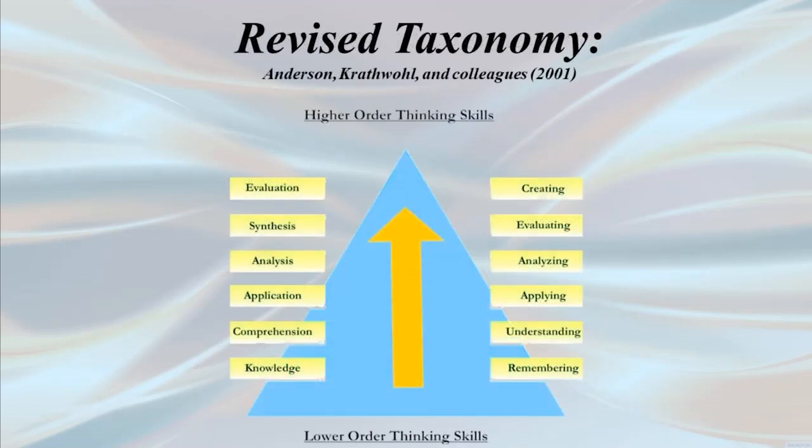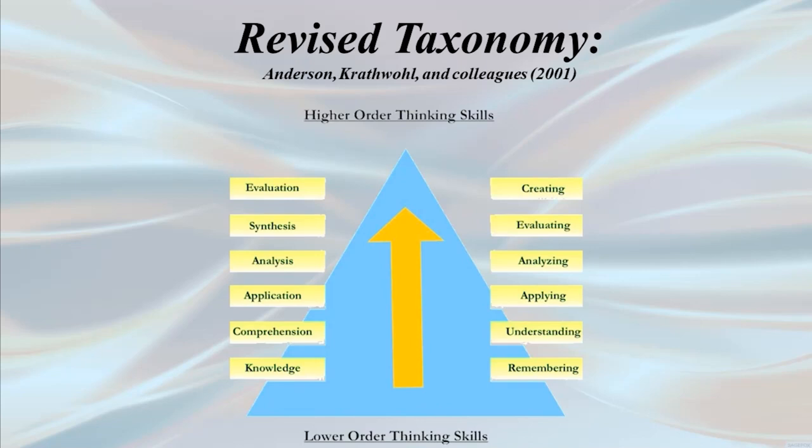Actually, the Bloom taxonomy was revised in 2001 by one of the Bloom's collaborators, David Krathwohl, and his group. The revised description used dynamic verbs instead of the original nouns to describe learner thinking.